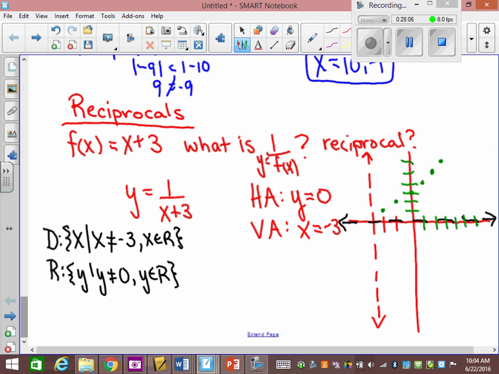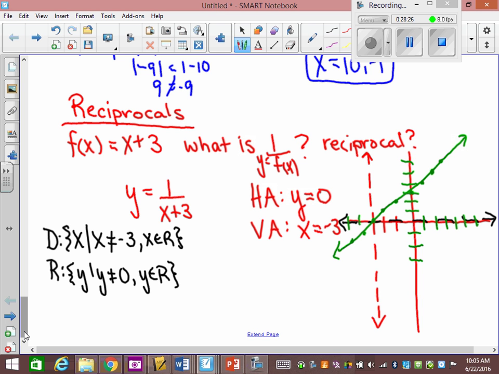Down 1, left 1. Wow, it's not very straight, but pretend it is. So that's the x plus 3 graph.